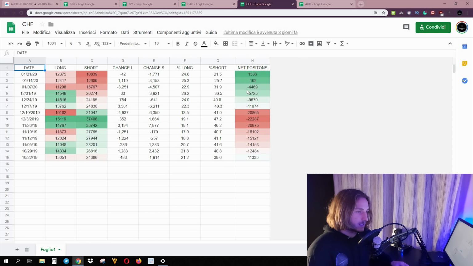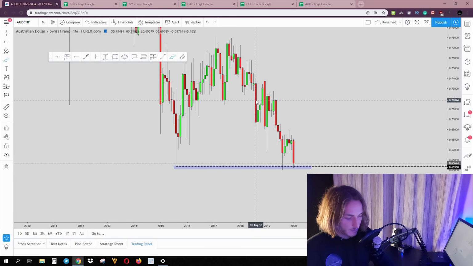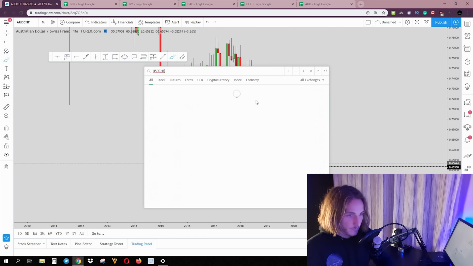Very important to say this. And in fact, if you look at the net positions, it's the first time that we are actually in a positive number. So we have more longs than shorts on CHF, which obviously is CHF USD. And USD CHF, as you know, has been actually moving in this way.